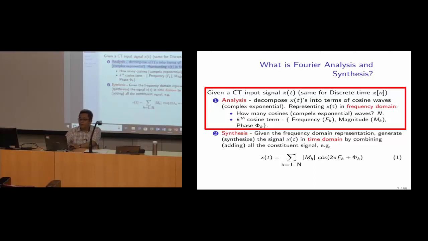When we decompose x of t into cosine waves, we are basically representing it in its frequency domain. What is frequency domain in this case? By frequency domain we mean we now know x of t is composed of what cosine waves at which frequency.